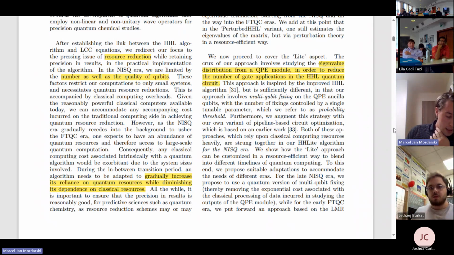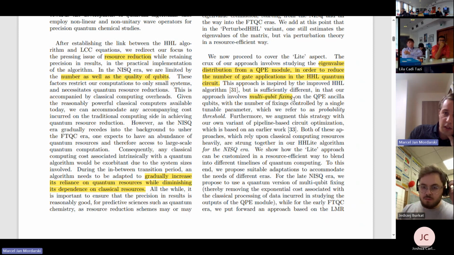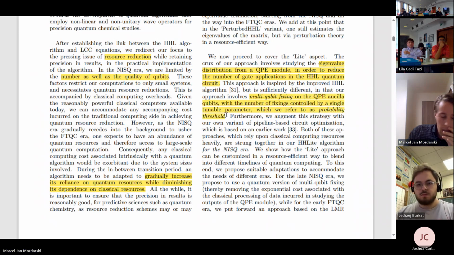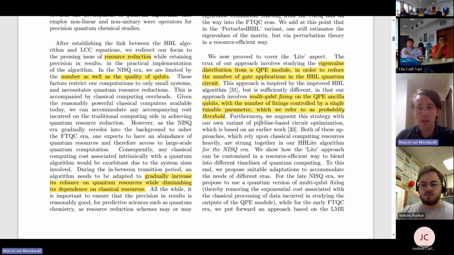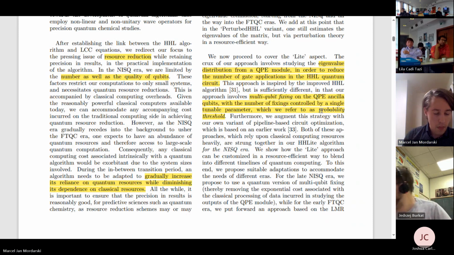Another problem is that they want to optimize this particular scheme for quite small quantum computers. That's the reason they deal with multi-qubit fixing, conditionally on some probability threshold. This is just some figure of merit that they're going to use and say that, all right, this probability is going to describe our precision, and obviously one can vary it.